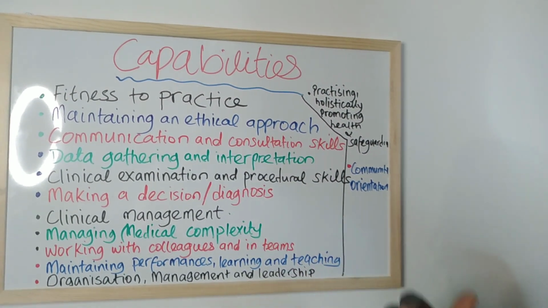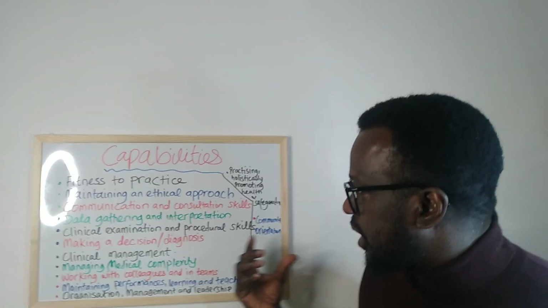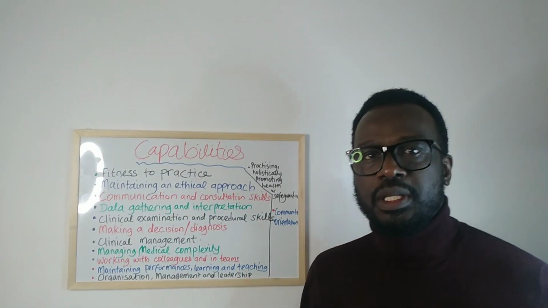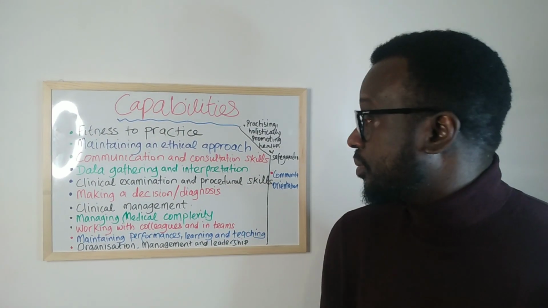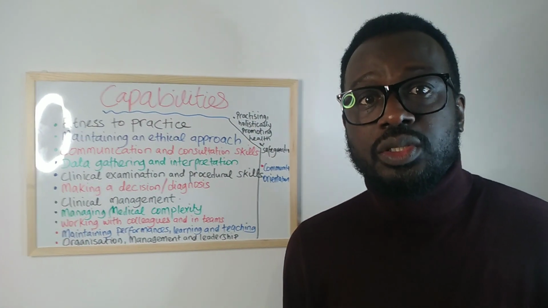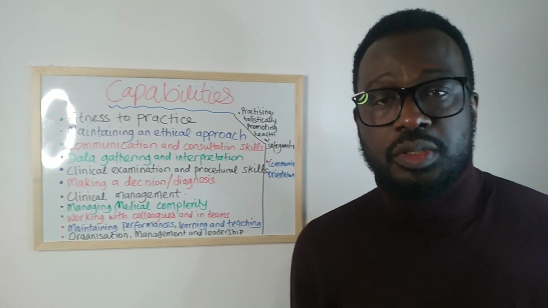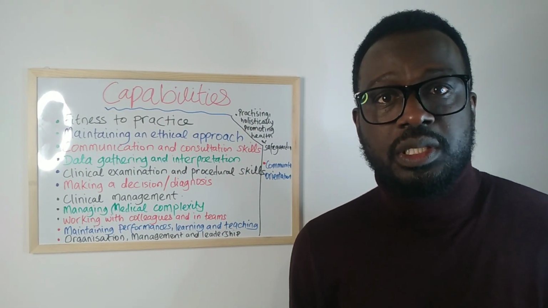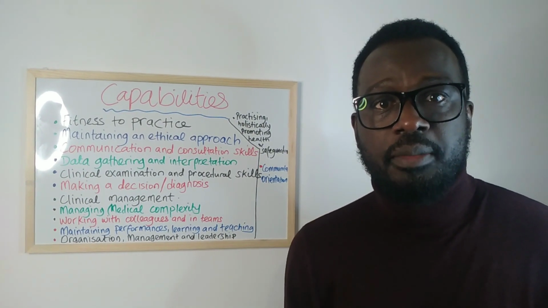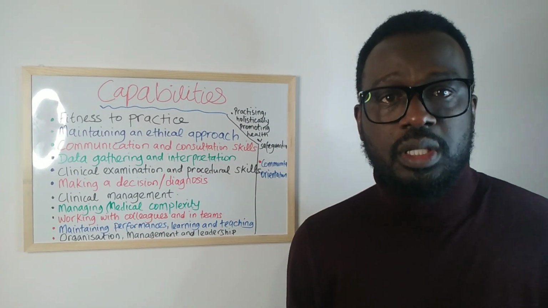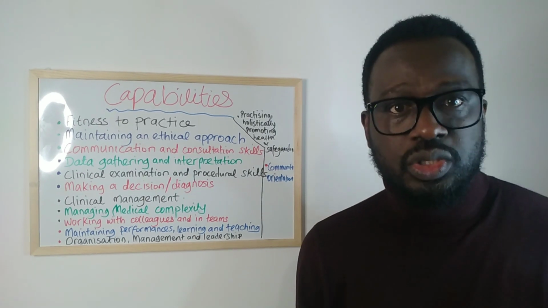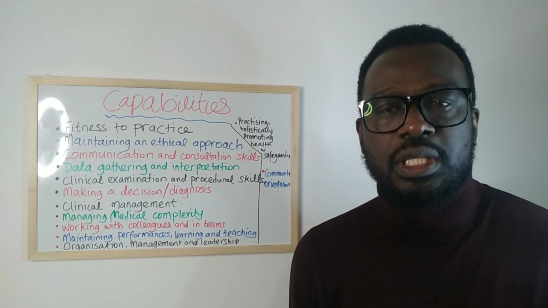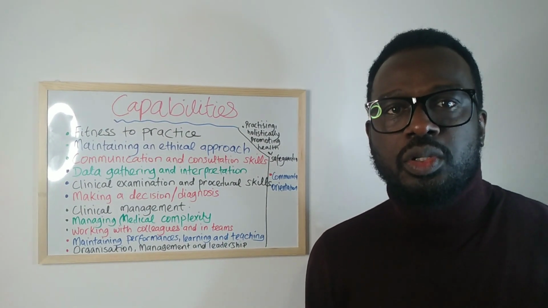Community orientation is the last of the capabilities that you have there, and that is just if in your management you involved the community services, maybe the district nurse, the community nurse, or the community physio. Anything that involves the community, that is where you link it up.